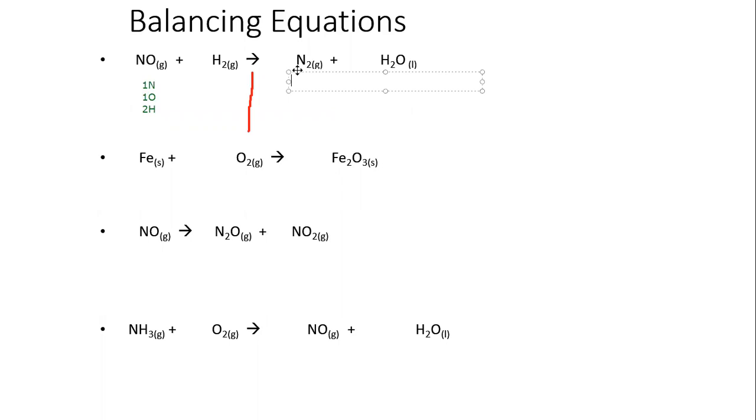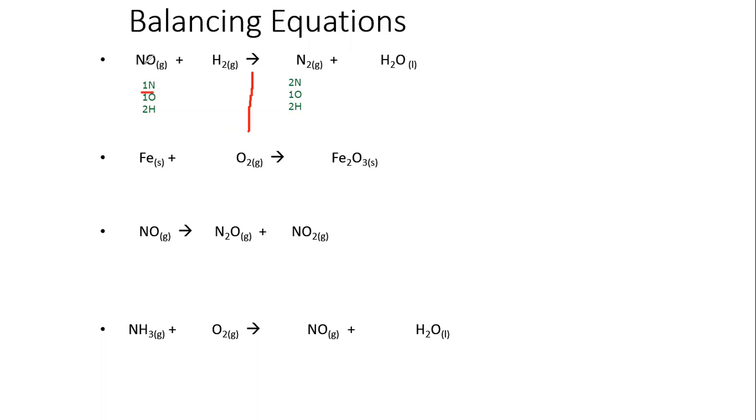On the product side, we have 2 nitrogen, 1 oxygen, 2 hydrogen. So right off the bat, we see that oxygen and hydrogen are balanced, nitrogen is not. So on the product side, we have 2 nitrogen. So on the reactant side, we need 2 nitrogen.